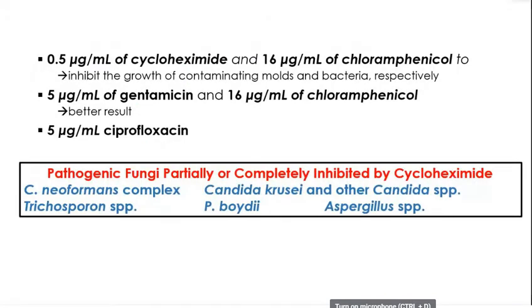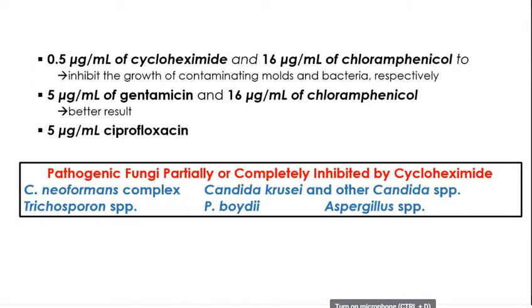So, the addition of the different antifungal and the antibacterial will, of course, give you better growth of the fungi you're trying to isolate. So, ano yung mga combination? Pwedeng 5 micrograms per ml ng cyclo, plus 16 micrograms per ml ng chloramphenicol and the rest. Okay? So, ano yung mga ating pathogenic fungi that are partially or completely inhibited by cycloheximide?